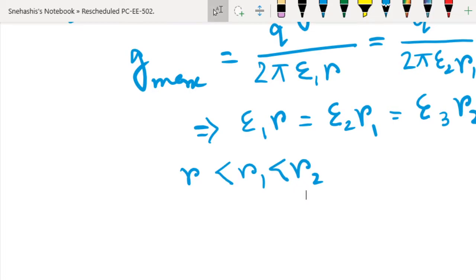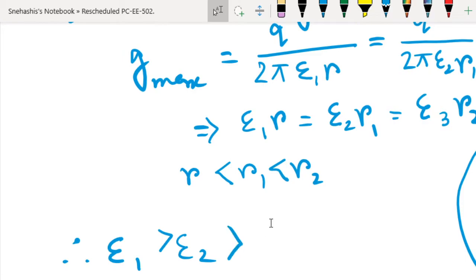So this is your r, this is your r1, this is your r2, and this is the overall capital R. So now it is evident that r is less than r1 less than r2. Therefore epsilon 1 is greater than epsilon 2 is greater than epsilon 3. Okay.